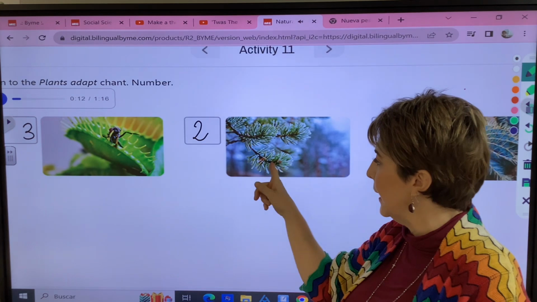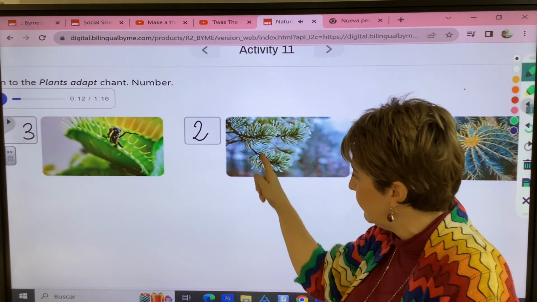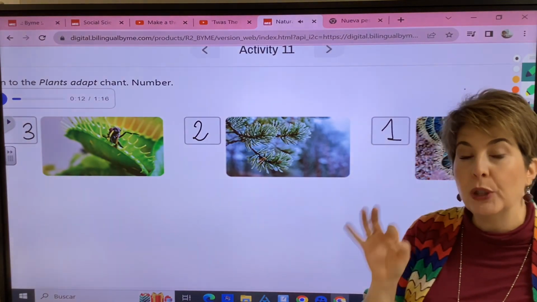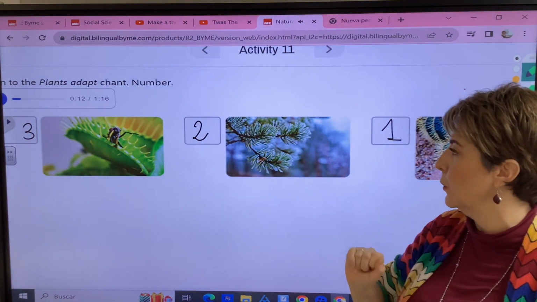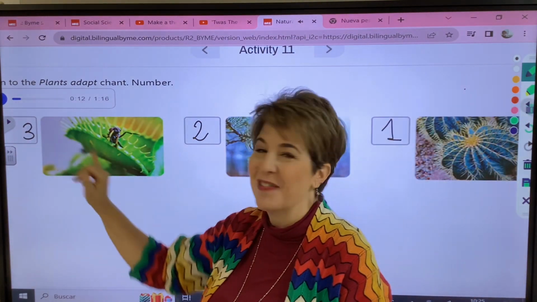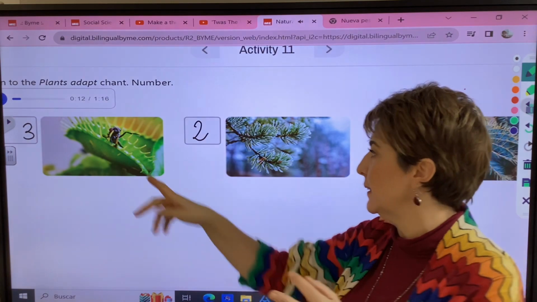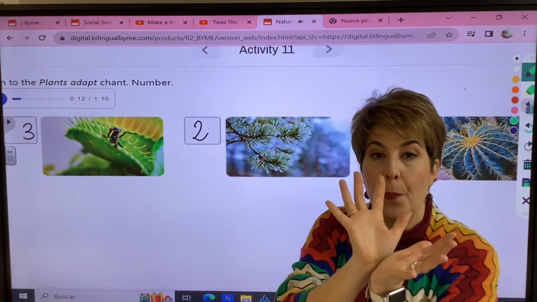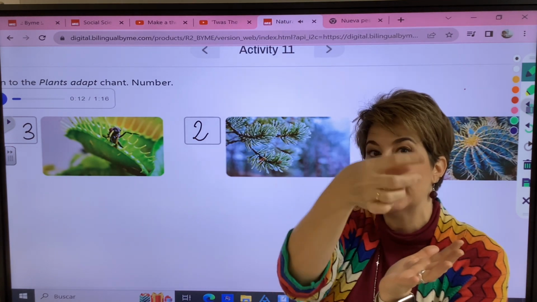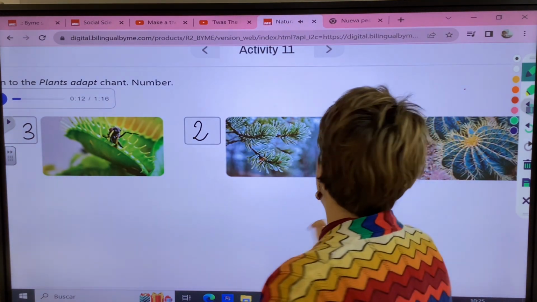Then we have the pine tree, and these little leaves, they make food in winter, summer, autumn, and spring. Okay? And then we have this plant that is going to trap insects. And what is it going to do? It's going to open the leaves, and when the insect is nearby, it traps the insect. Okay?